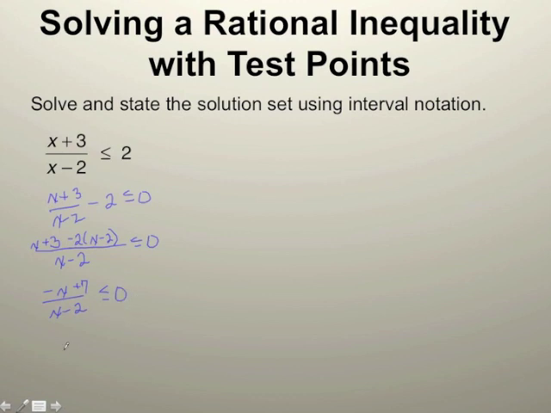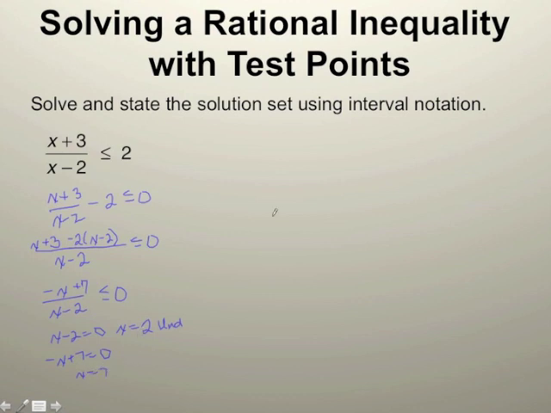Now we'll find the zeros. For the denominator, x minus 2 equals 0, so x equals 2, and that's where it's undefined. And then for the numerator, negative x plus 7 equals 0, so x equals 7.